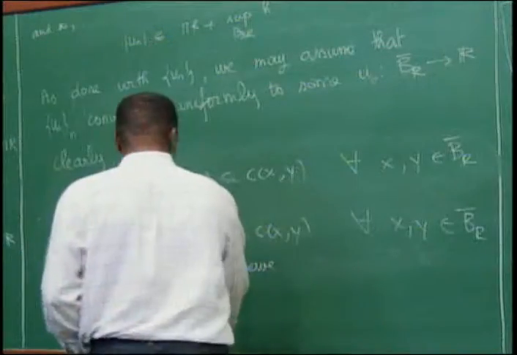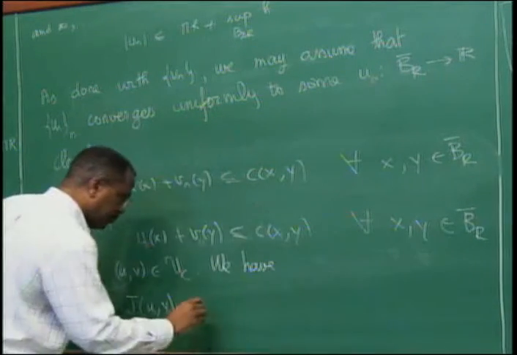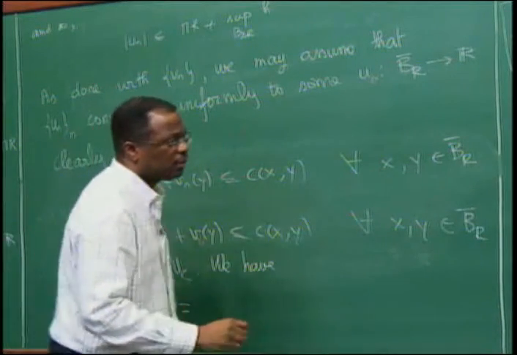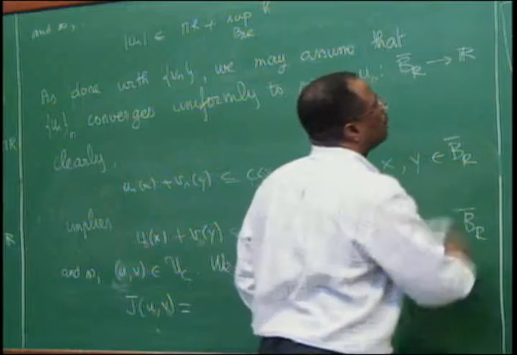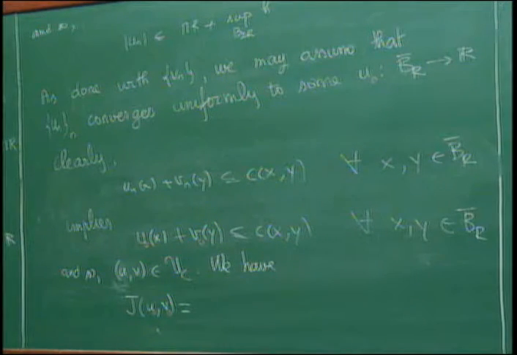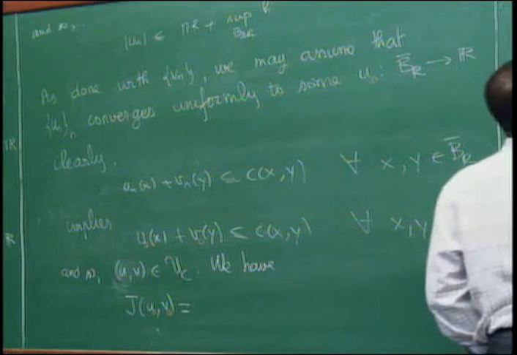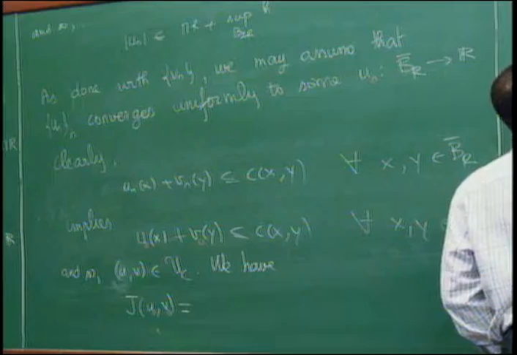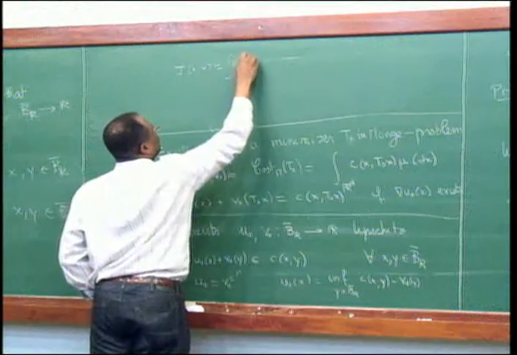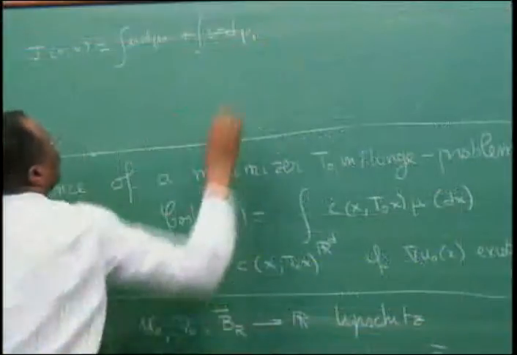If I look at the expression of J of (u, v), it is the integral of u d mu naught plus the integral of v d mu 1.